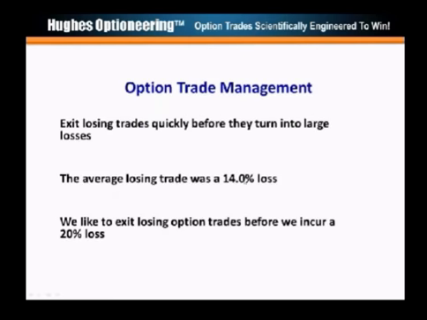We'll look to get out of an option trade if we get up near a 20% loss. We were wrong, and we will simply exit before it develops into a large loss. In this example, we exited, and the average loss was a 14% loss.